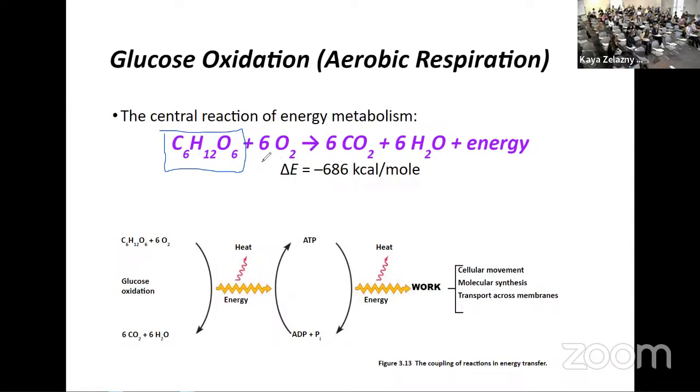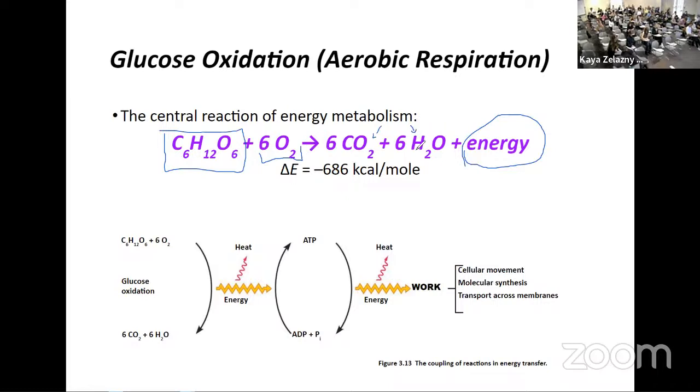We're going to use 6 molecules of oxygen, and we're going to turn it into a bunch of energy, plus our other products, our waste products, carbon dioxide and some water.